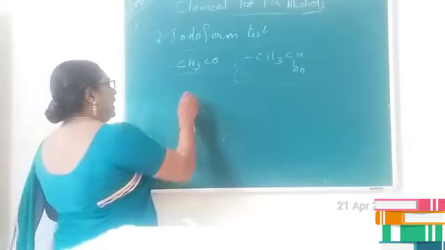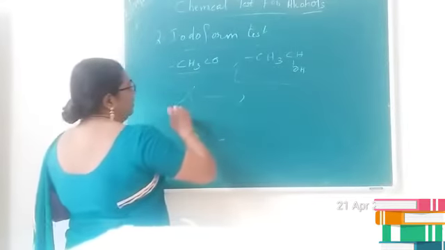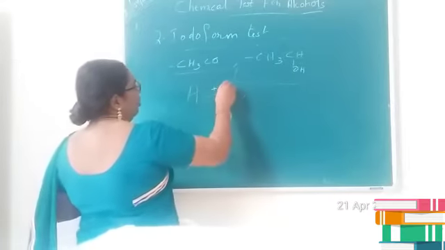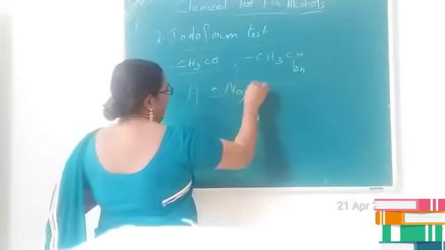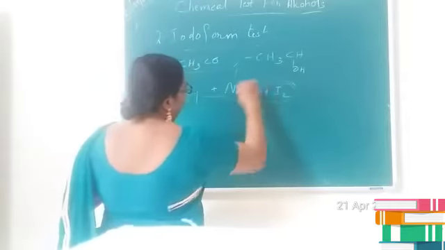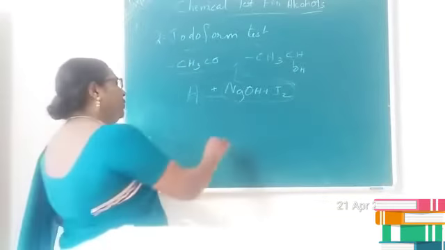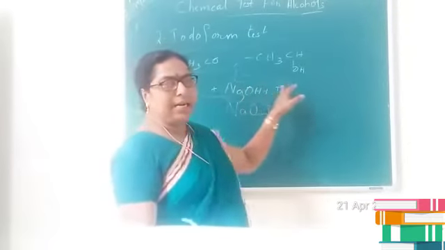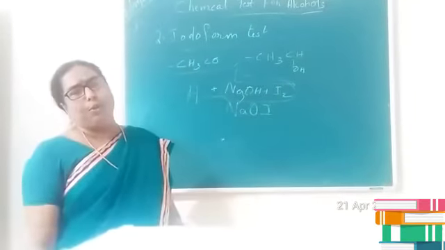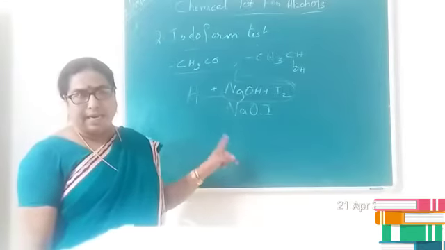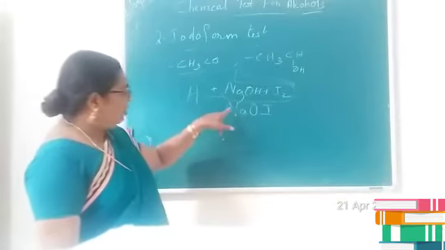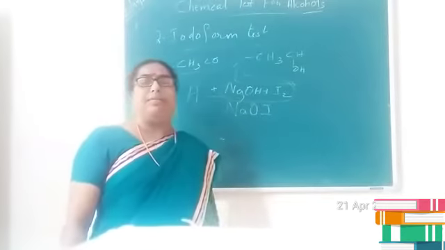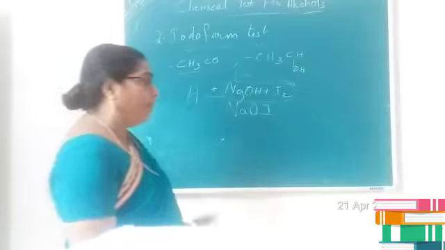In this case, whatever the unknown compound is, you treat it with a mixture of sodium hydroxide and iodine. Instead of sodium hydroxide and iodine, you can directly take sodium hypoiodite, NaOI, since sodium hydroxide and iodine react together to produce it.